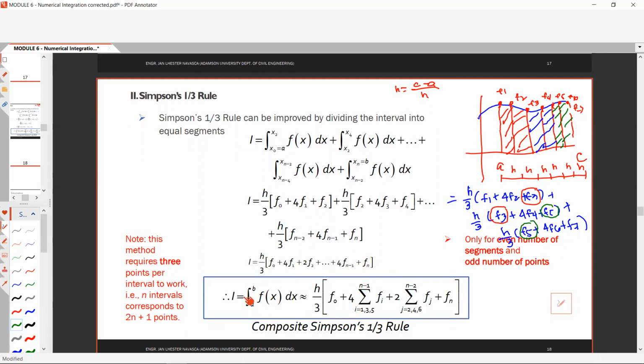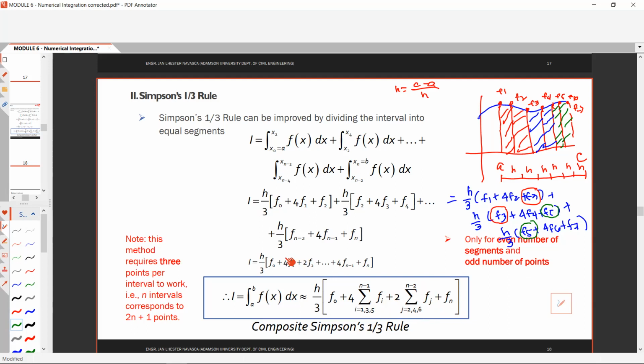So the integral of f of x dx from a to b is equal to f sub 0 plus 4 times the summation of f sub i, from i equals 1, 3, 5 up to n minus 1, plus 2 times the summation of f sub j, from j equals 2, 4, 6 up to n minus 2, plus f sub n.